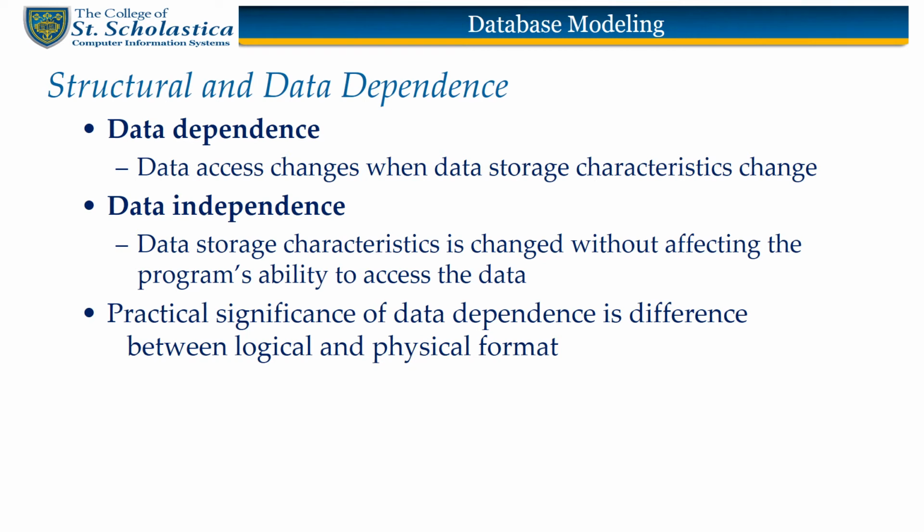In contrast, data independence exists when changes in the data characteristics do not require changes in the programs that access those data. File systems lack data independence because all data access programs are subject to change when any of the file system's data storage characteristics, such as a data type, change.